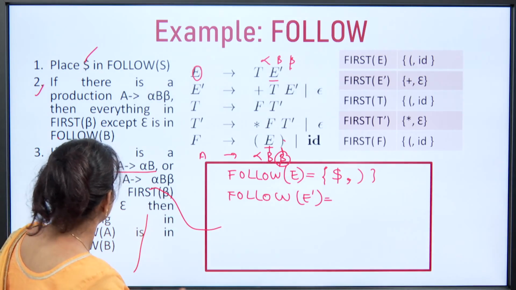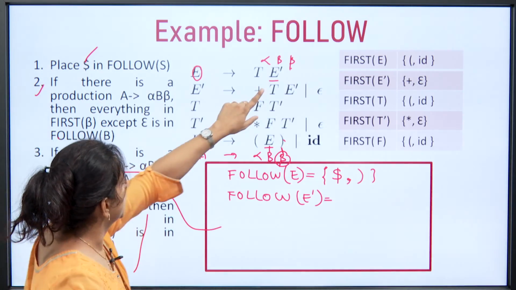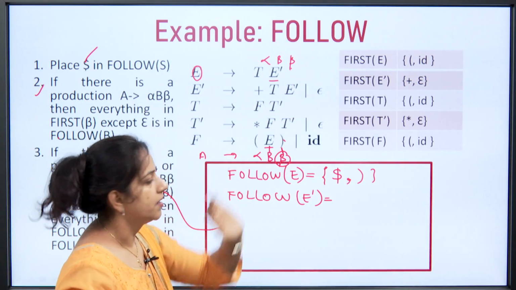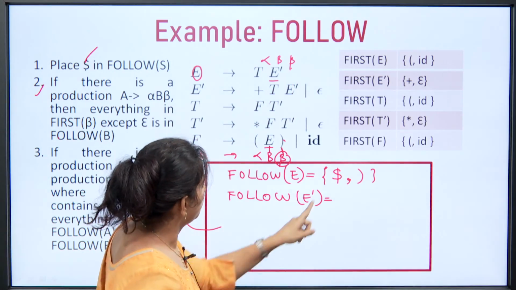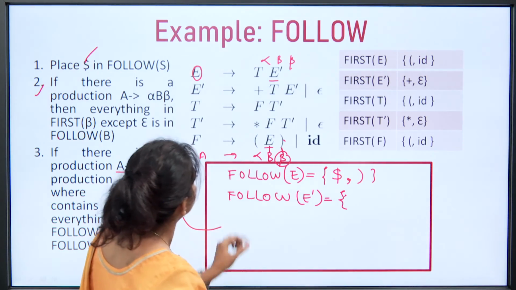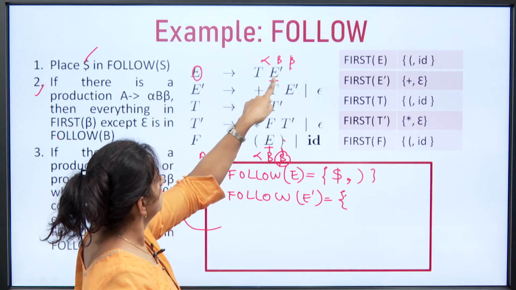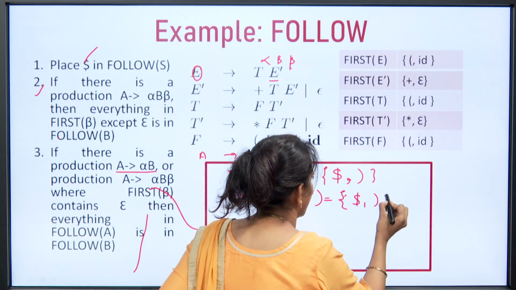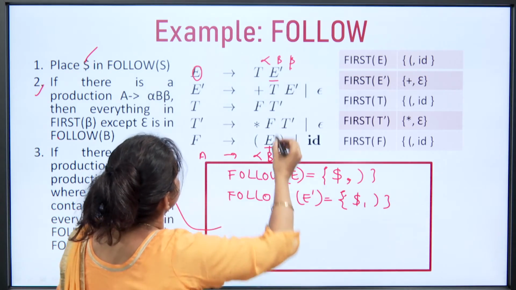So, the case is we will obtain follow of E and follow of E will be added into E prime. So, follow of E means this is E prime. So, follow of E prime is dollar and closing parenthesis. Now, this is the alternate.